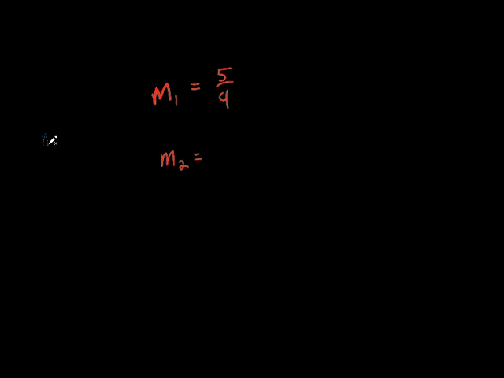So if line 1 was perpendicular to line 2, what is the slope of the other line? So if this line is 5/4, what's the slope of the other line going to be? Well, it's the negative reciprocal. So it's going to be the opposite sign. This was positive, so ours is going to be negative.